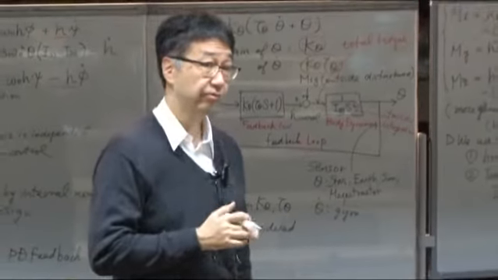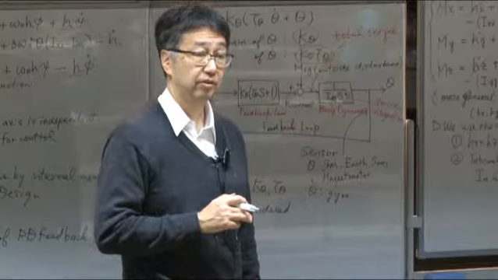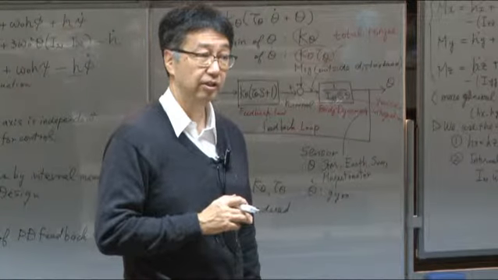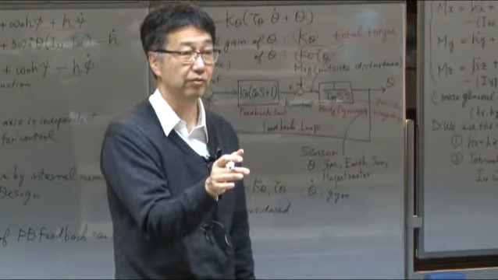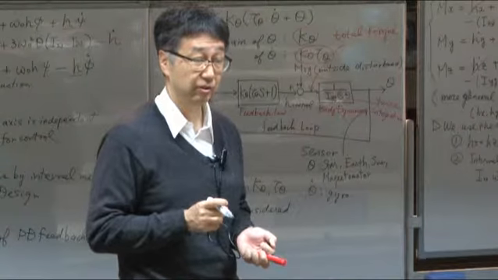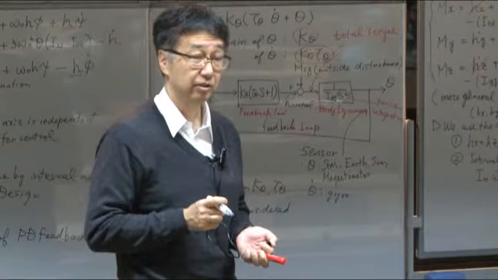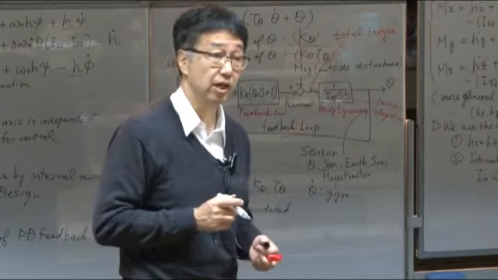Please imagine. Maybe every time you make some control by yourself, you can use your body to make some control. So what kind of consideration should you make when you design a control system?